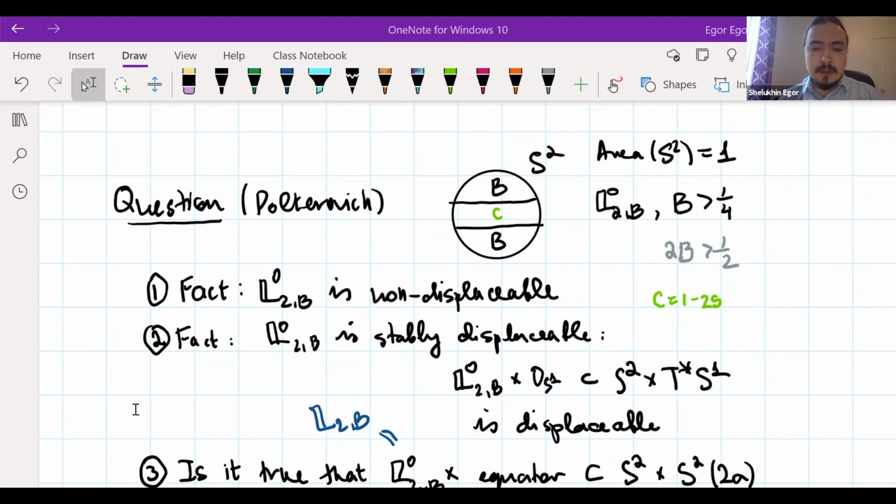However, this union is stably displaceable. It means that once you cross this union with the zero section in T*S^1, it becomes displaceable.